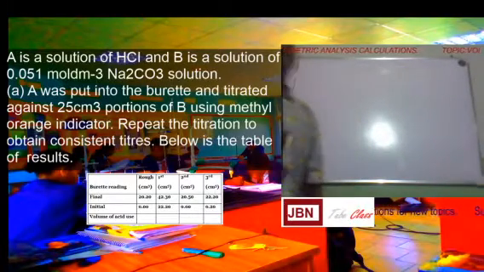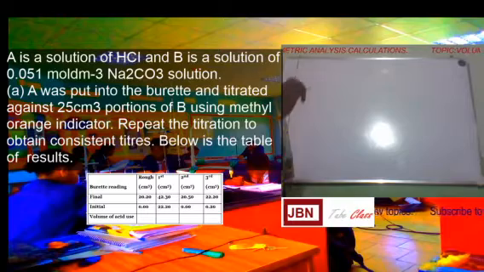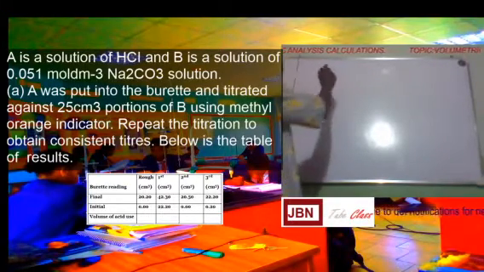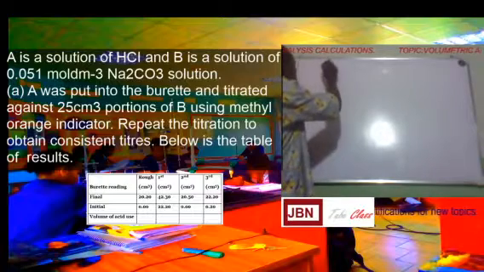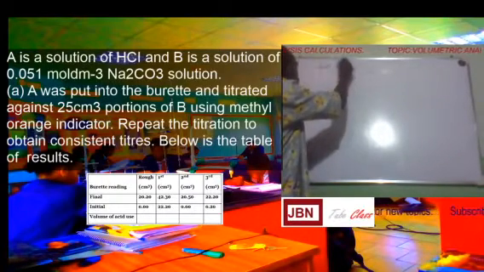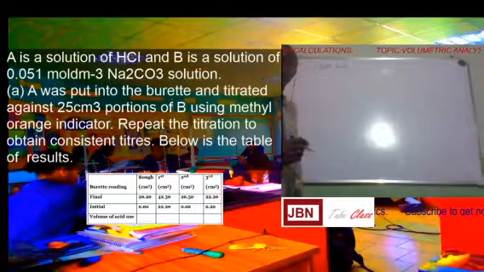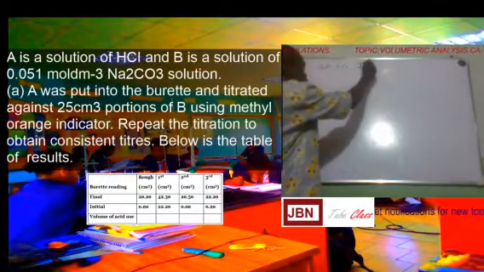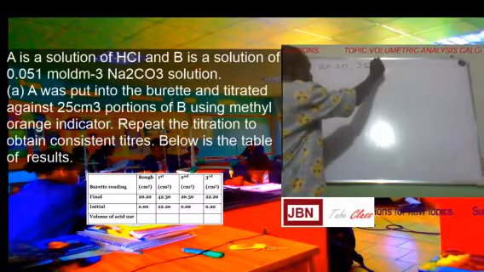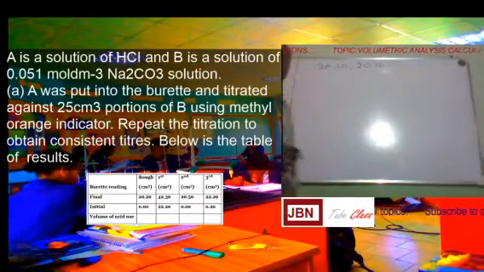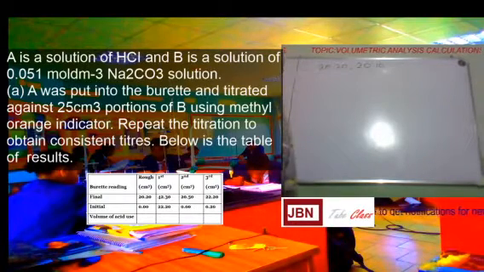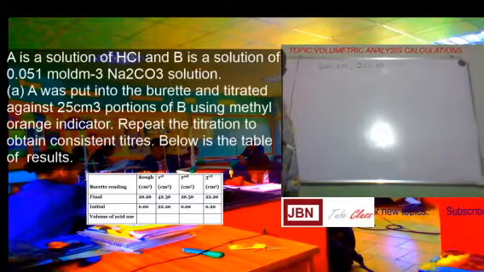For the rough, you are going to have 20.20. Then for the first reading, you will have 20.10. Remember, titration results are presented in 2 decimal places.